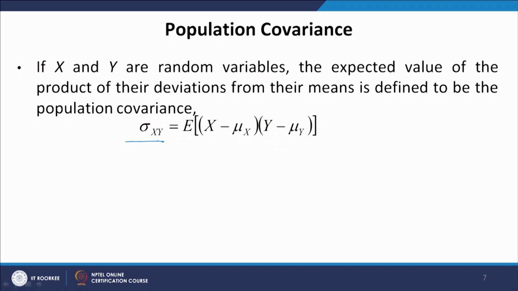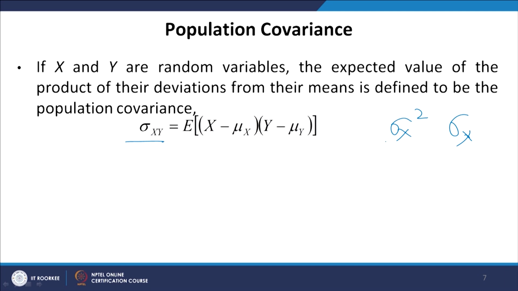So, population covariance is denoted by sigma x y, not to be confused with variance. Variances are denoted with sigma square, standard deviations are denoted with sigma. So, for one variable this is sigma x, for variable x variance is sigma x square, for variable x standard deviation is sigma x.